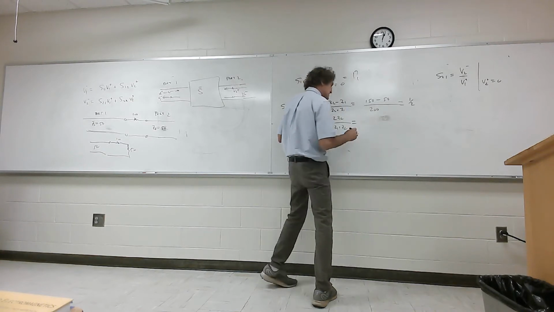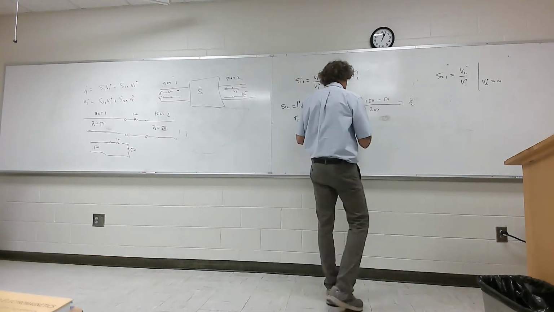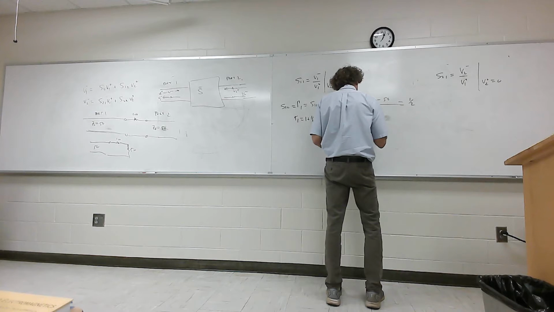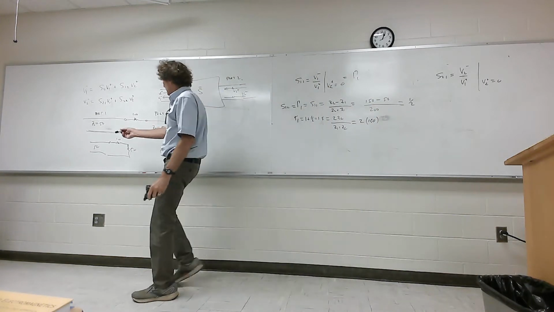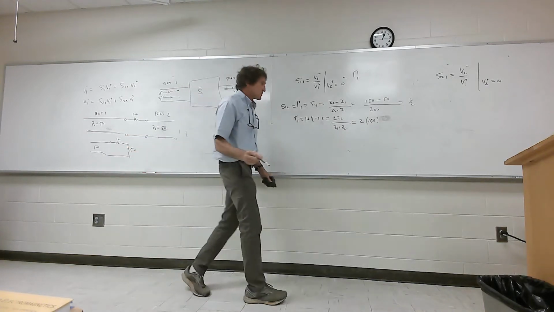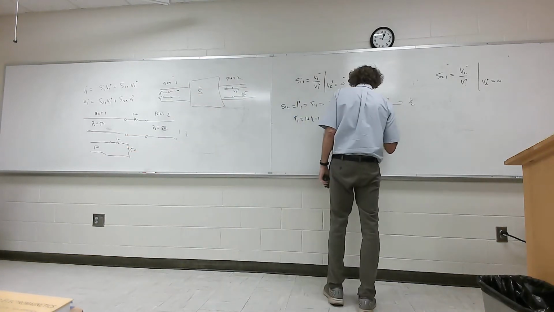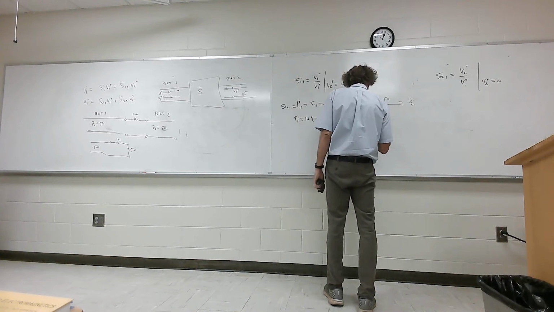I'm doing it both ways just to show you it works. This is going to be twice the impedance I'm going into, which is 150, isn't it? I'm looking over here, and I said this has an equivalent of 150, right? So it's 2 times 150 over really the sum of those two, which is 200.